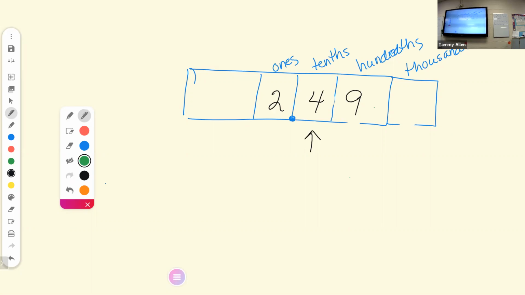What's the 9 tell us to do? Round up. That becomes a 5 and we drop the 9. All right?